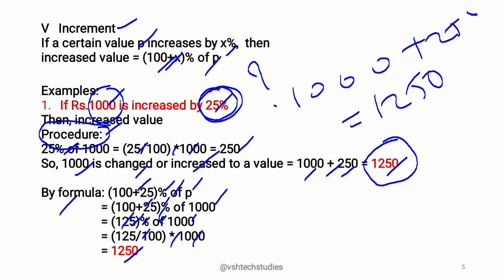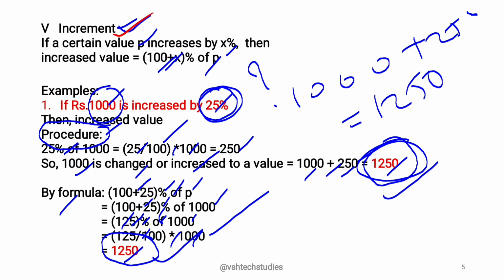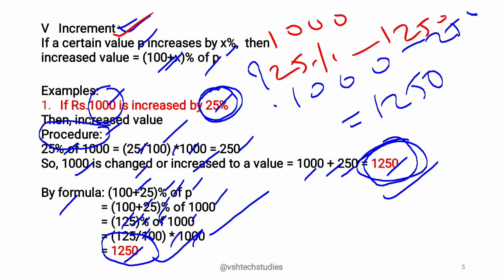If you simplify this, you get 1250, same as before. In steps or using the formula, both answers are one and the same. So that is how to increment a number by some percent. Here 1000 is increased by 25%, and it becomes 1250.